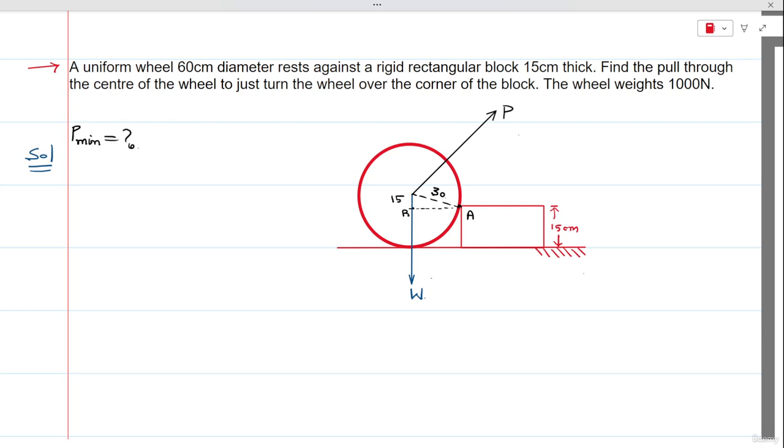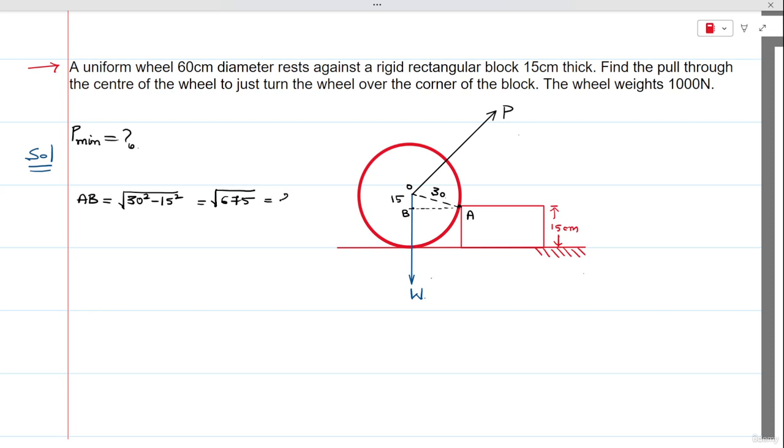Let's call this as point B and let's call it as O. So AB here I can write it as under root of 30 square minus 15 square, which is equal to 900 minus 225, which is 675 under root. That is the distance AB.